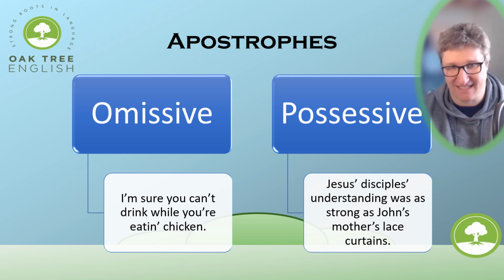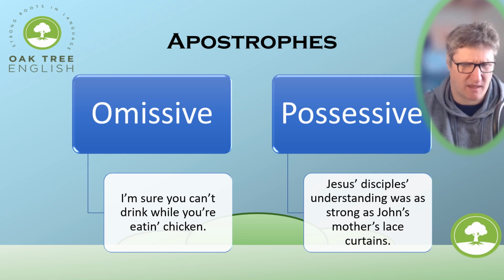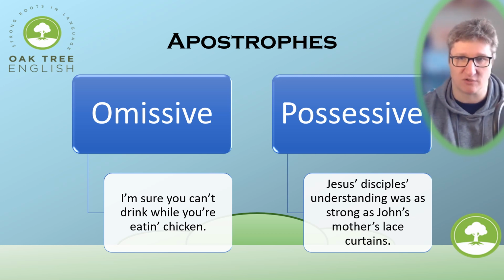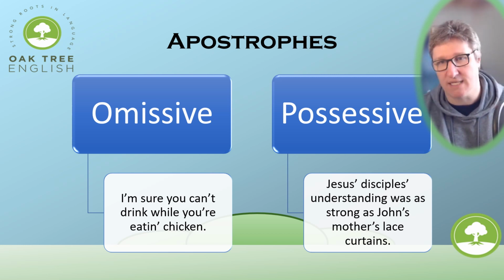However, understanding was as strong as John's. John is the subject here, or the main part. Then you've got an apostrophe S to make it possessive on John. It belongs to John. What belongs to John? John's mother. Well, what about John's mother? It was John's mother's lace curtains.